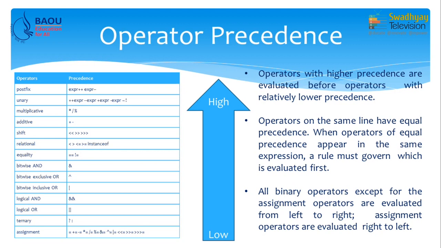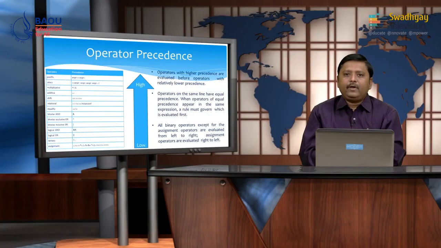Now, all binary operators except for the assignment operator are evaluated from left to right, and assignment operators are evaluated from right to left. Now, we understand operator precedence with one example. You can get a better idea about operator precedence, but for that you have to remember this table.